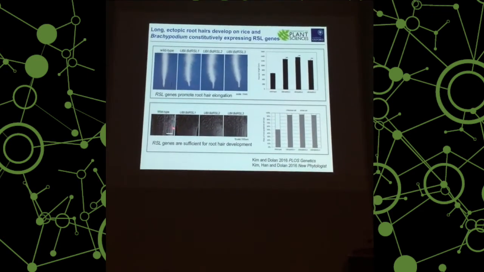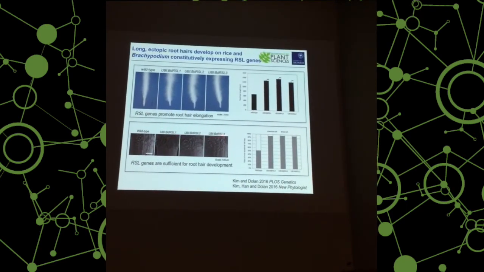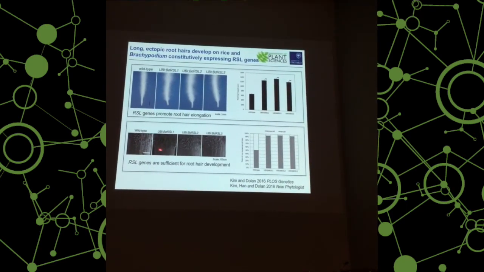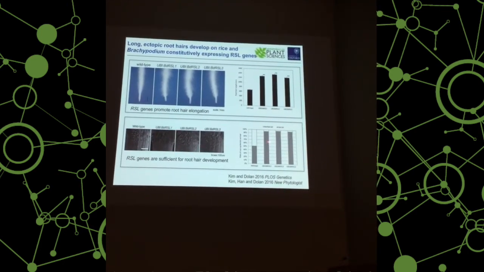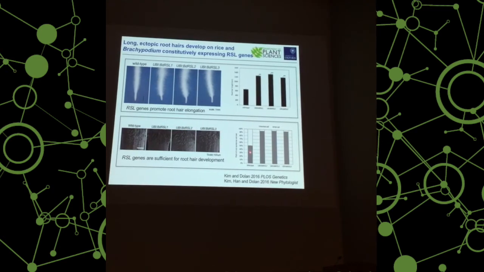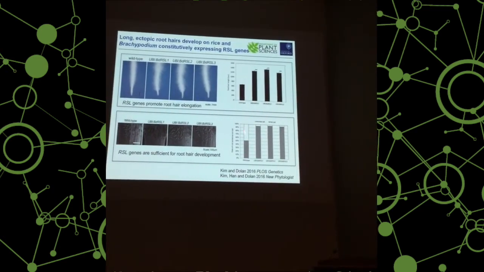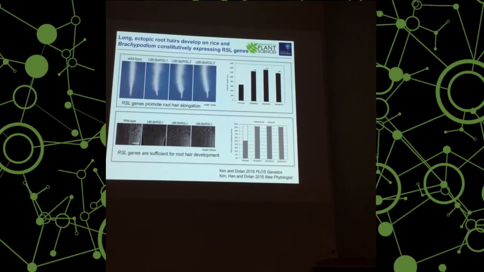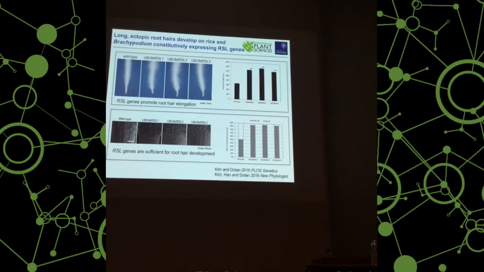In addition, something that you don't see in Arabidopsis, if you overexpress these RSL genes in Brachypodium, you transform every cell in the epidermis into a root hair. And that's indicated here. So this is a proportion of cells that are root hairs in grey and non-root hair cells in white. And there are very few of these. This white bar up here is really small.